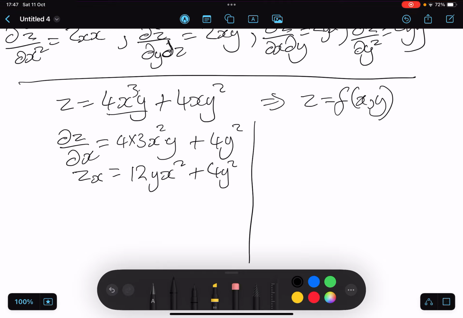And then again, let's differentiate the same function with respect to y. So dz dy is going to be what?